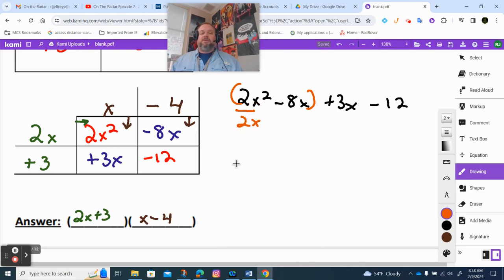Yeah, I'm going to take a 2x out. And that leaves me with the x minus 4. In this group, what's the biggest thing I can take out of 3 and 12? 3. Is it positive or negative? Positive.